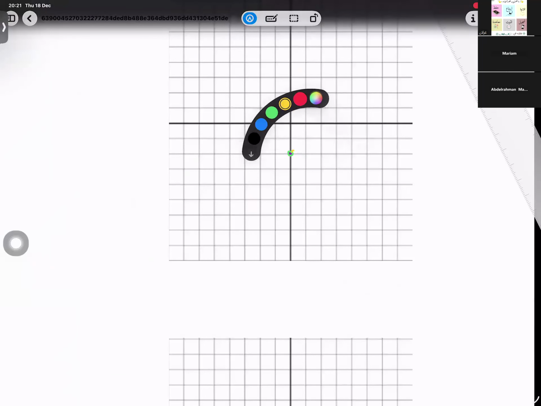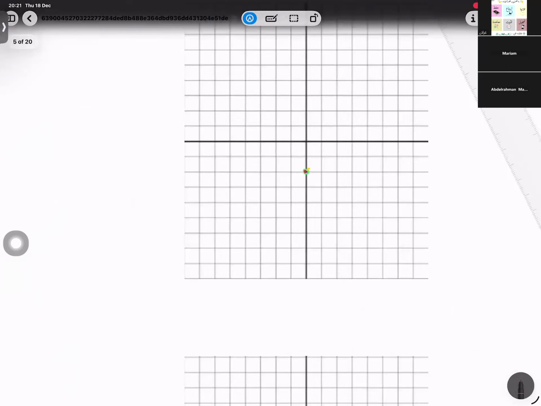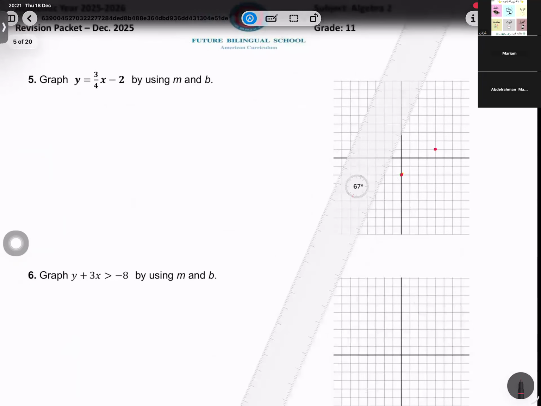So negative 2, then rise by 3: 1, 2, 3. Then run by 4: 1, 2, 3, 4. Bravo. Okay, and then we join the line.